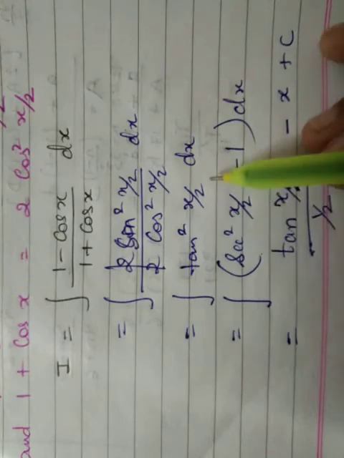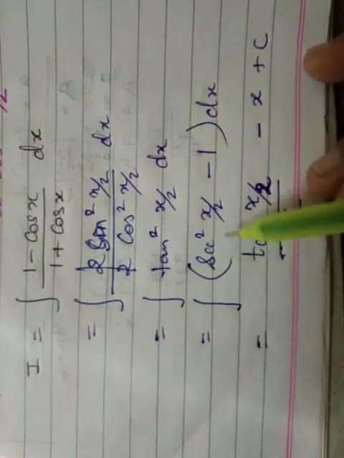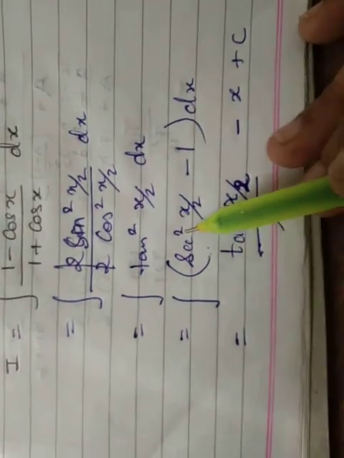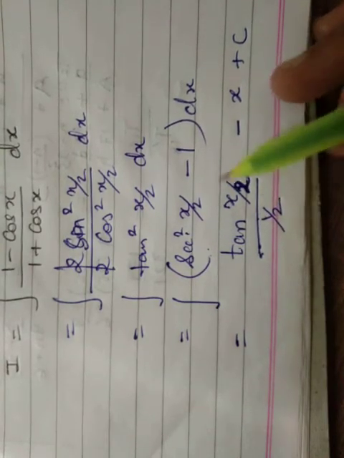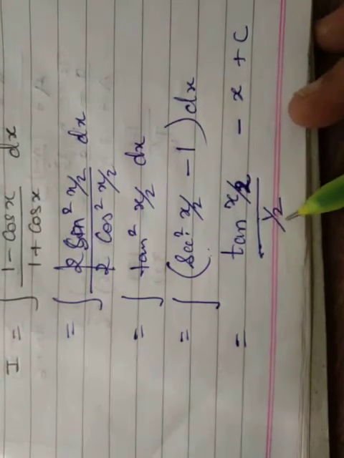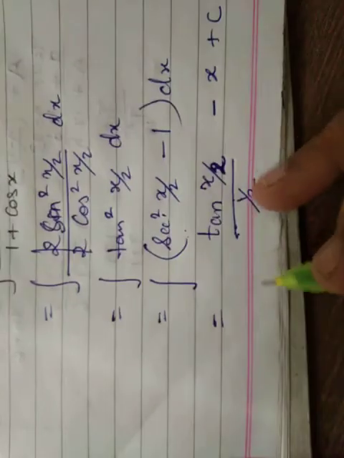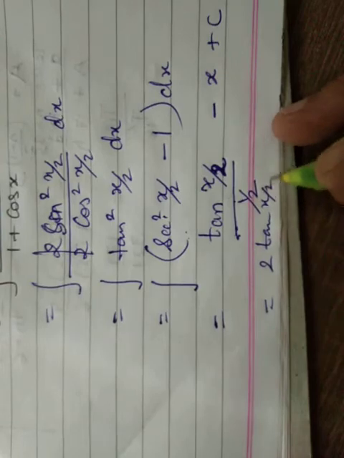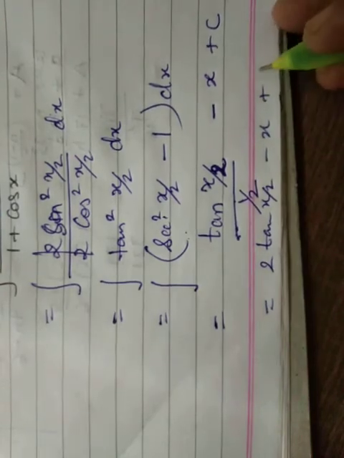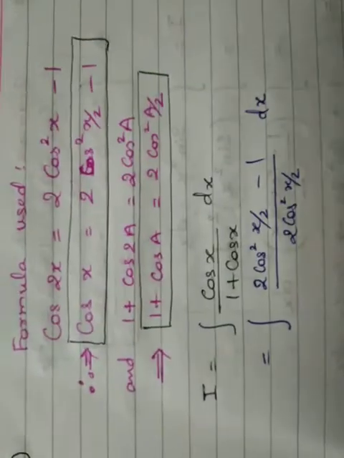Sine square upon cos square was tan square. Tan square I wrote as sec squared minus 1. Integration of sec squared is tan x by 2 and x by 2's differentiation will be 1 upon 2, that is over here. And finally I can also write it as 2 tan of x by 2 minus x plus c. Now we go to the next question.